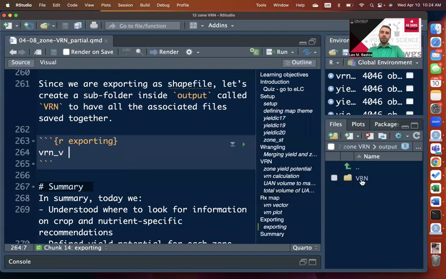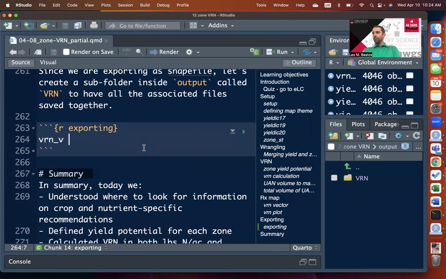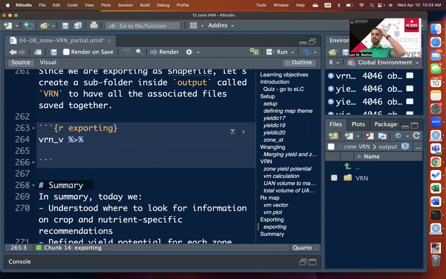So this folder is inside outputs, right? In outputs, I created a VRN folder, which is where I want to export the shapefile. So it's contained in one subfolder, not just mixed with other potential files in the output folder. Now if we come here to this next chunk, let's just add a pipe.